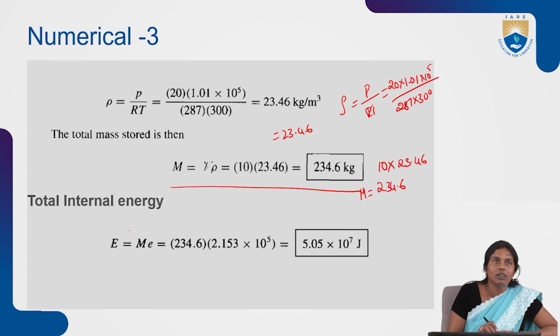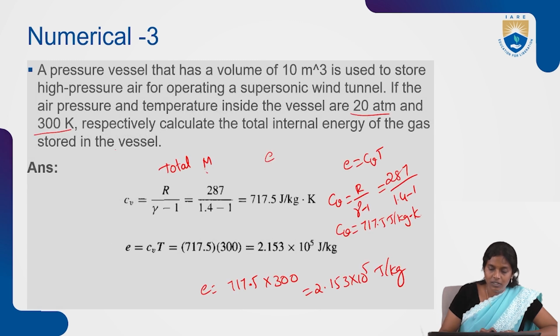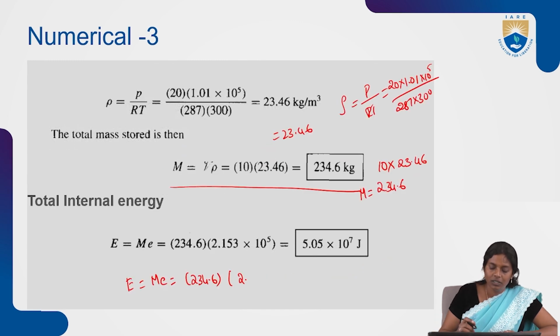So previously what we considered as the internal energy. Total internal energy is mass into internal energy. So 234.6 into the internal energy, 2.153 into 10 power 5.